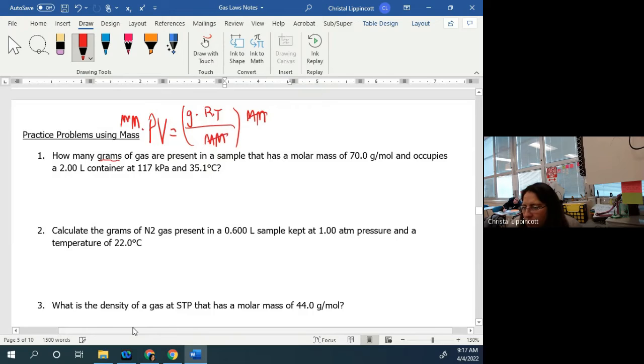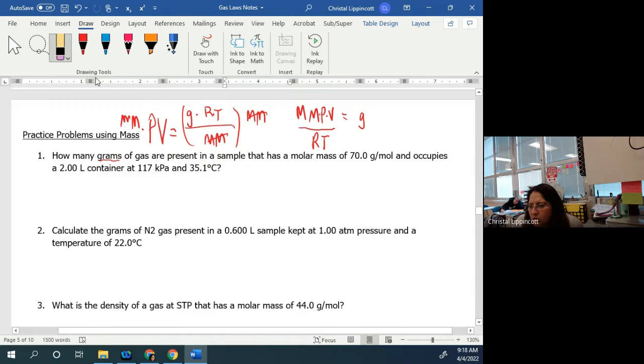This molar mass will go away, and that gives me MM PV equals GRT. Then if I want to get G by itself, my grams, I'm going to divide both sides by RT. That'll get rid of RT here, here, and here. And that gives me my grams by itself.